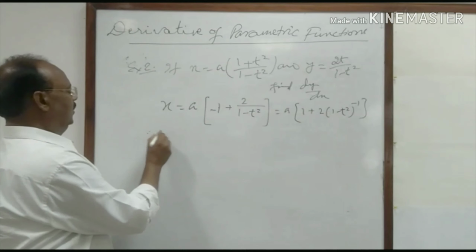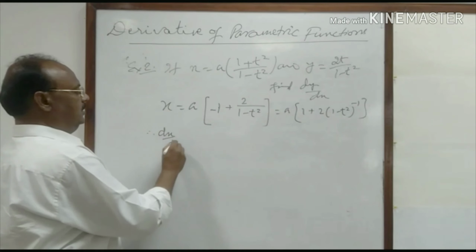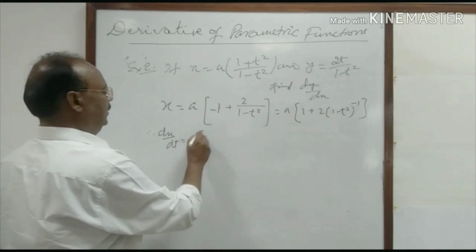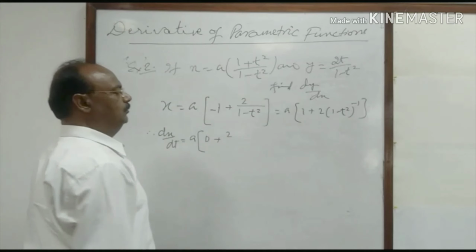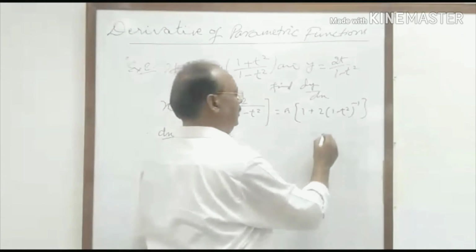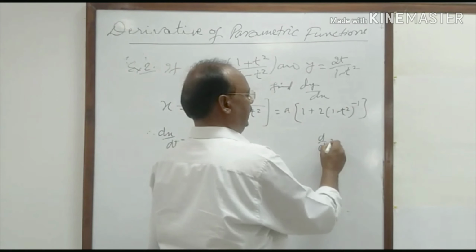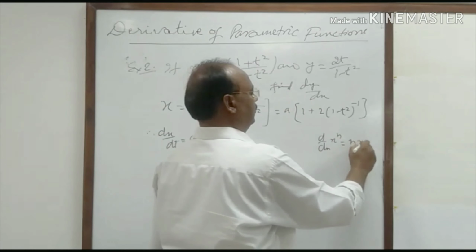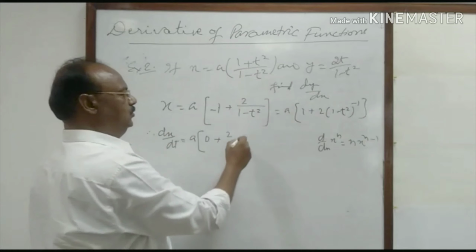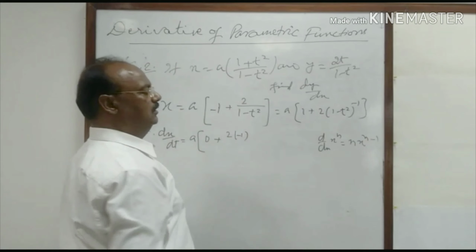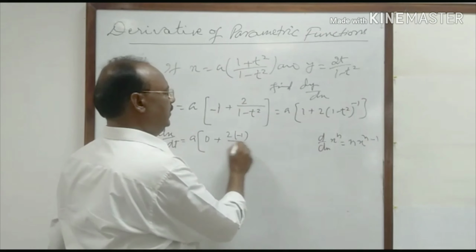So therefore, dx by dt can be written as a times the derivative of 1, which is 0, plus 2. By the formula, the derivative of x to the power n is n into x to the power n minus 1. By that formula, we can write 2 into minus 1, and here the power will be minus 2.